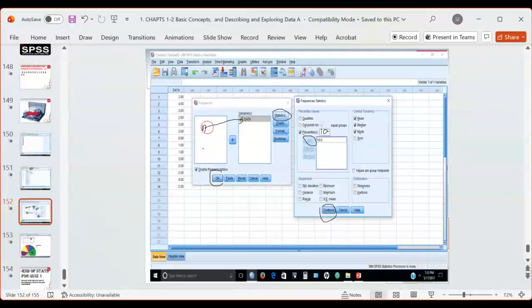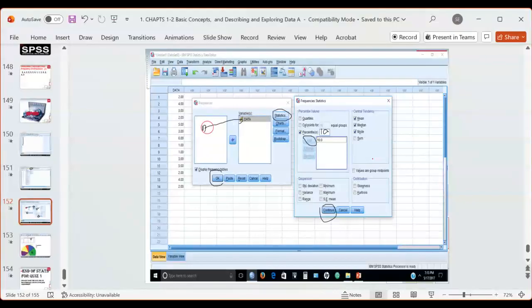All those numbers, all 14 numbers, are attached to the word data. It says right there in that red circle I drew. So what you do, you drag and paste it to the right space, which says variable. Like I did, it says data in there. Then you click on statistics, and then this window will open, the other one on the right.